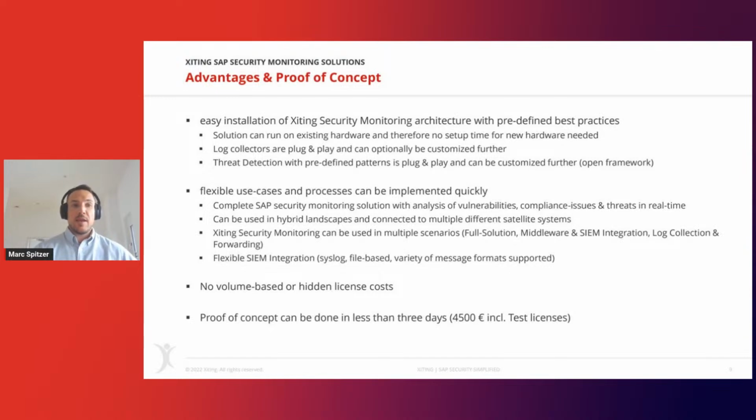So if somebody changes your security audit log, for example changes the filters in the security audit log or completely shuts it off, an attacker will shut it off, and the audit log cannot report on itself anymore. We will find it out via these vulnerability checks. We will check on a table level how your profile parameter, I think it's called rec/client or the audit enable parameter, is configured.